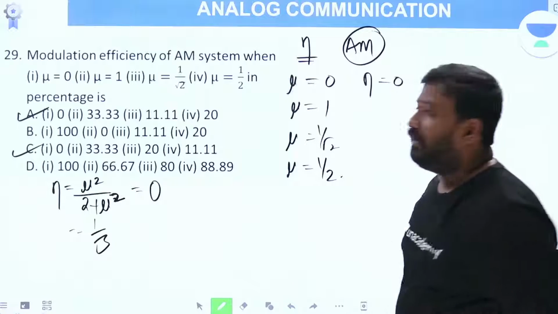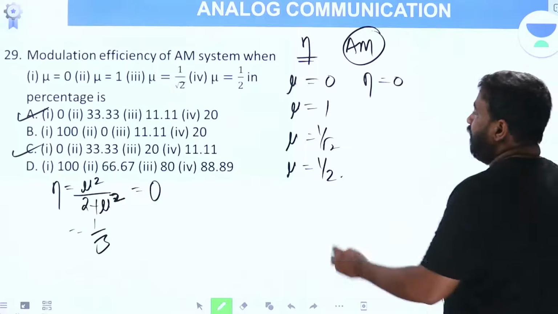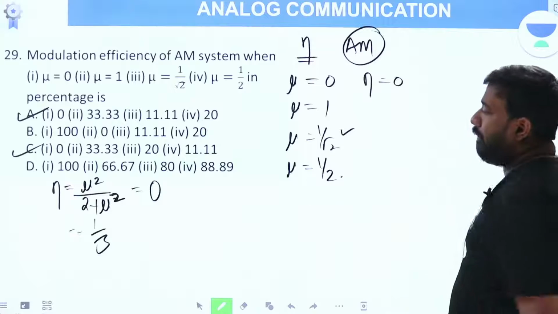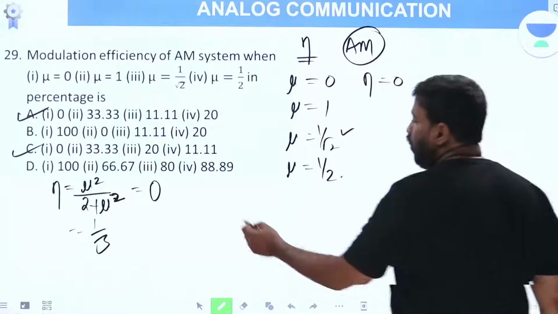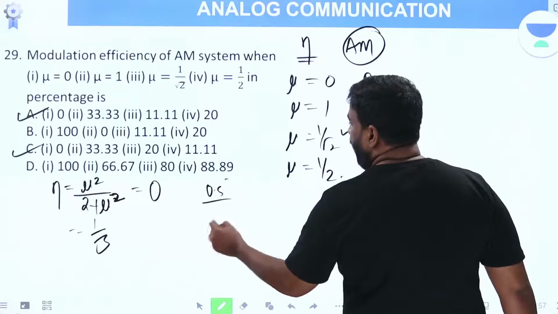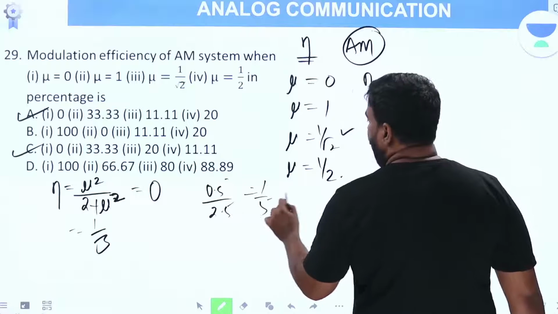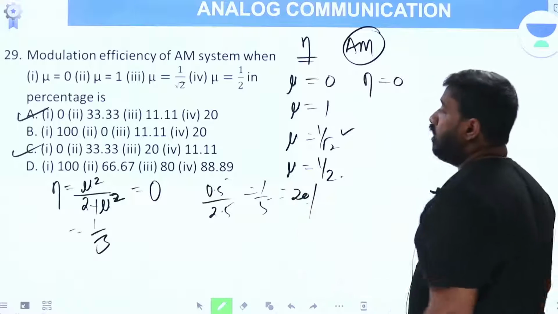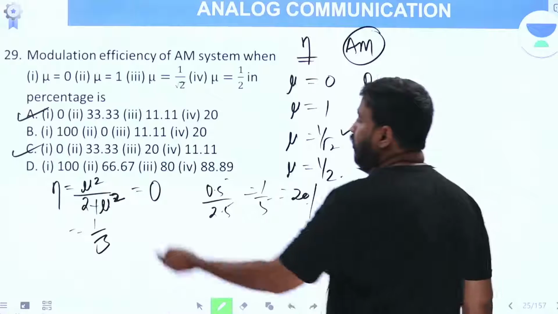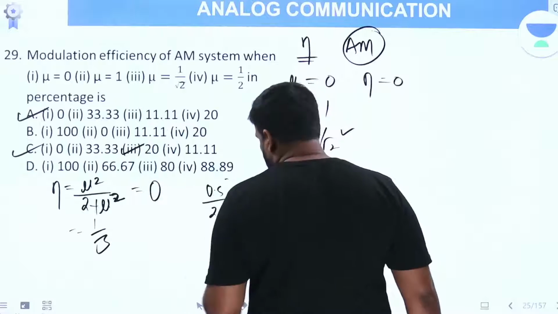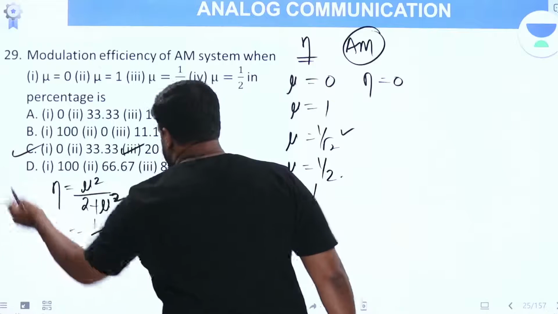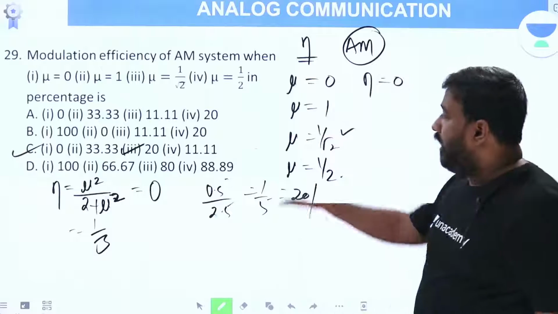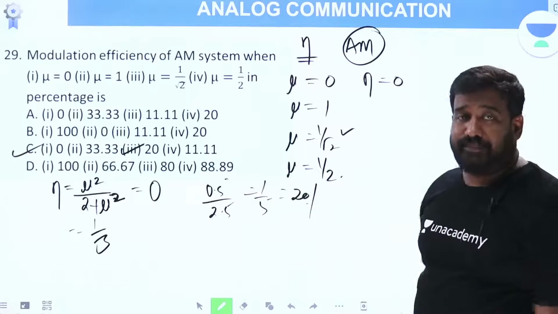Elimination method. Next, mu is 1 by root 2. Mu square by 2 plus mu square: 1 by root 2 whole square is 1 by 2, so 0.5 by 2.5, that is 1 by 5, 20%. Only this option has 20%. This one has 11.11, so by elimination this is not the answer. Option C is the answer. You need not calculate the last one; it will save time.